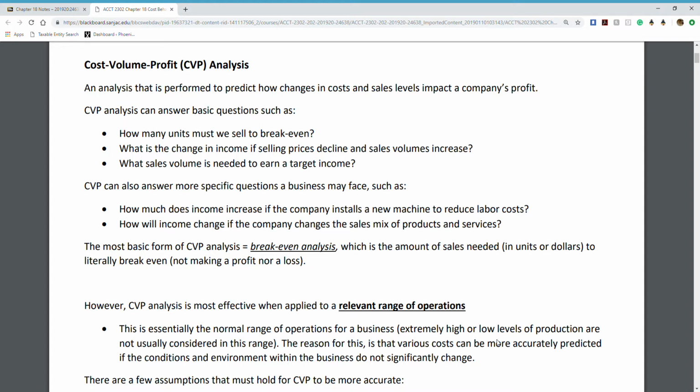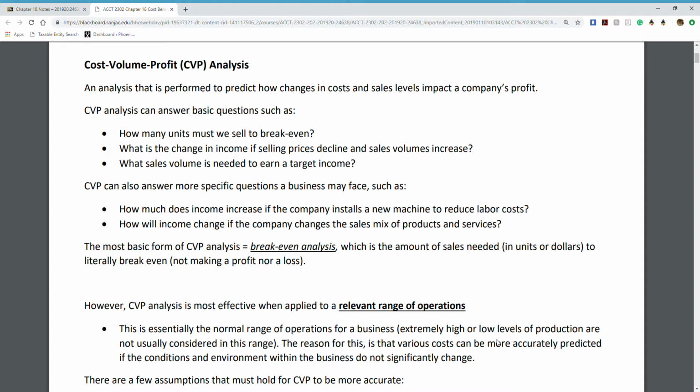It is all an estimate in the end, but it really does help to know if I target this amount, these many units or this many sales, will it work? We can also use this analysis to look at how much income would increase if we decide to reduce a machine, introduce a new machine, or change the sales mix.